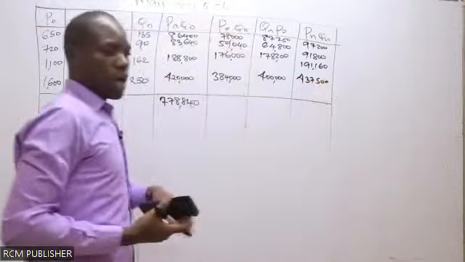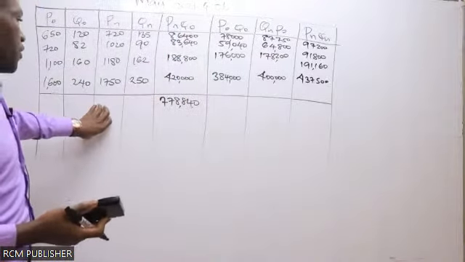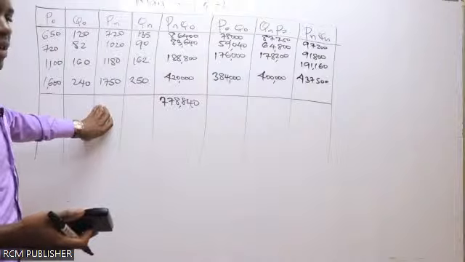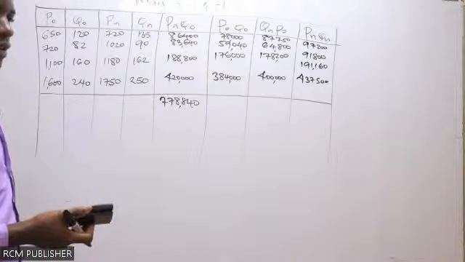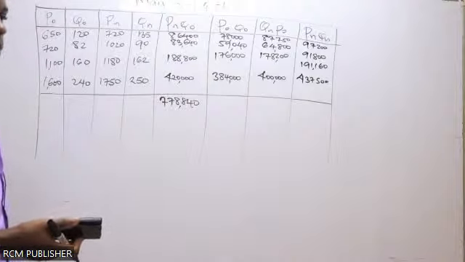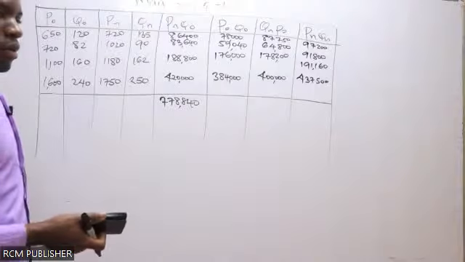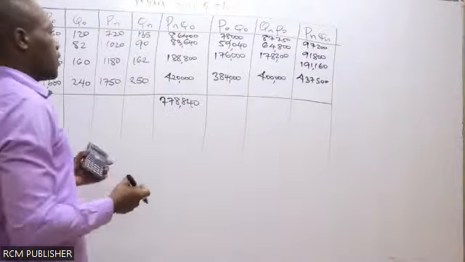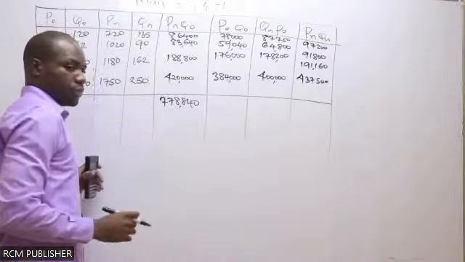So first of all, are you having all these values? Are you having the values that are the same as what I have here? Okay, so you can now give me the totals for this POQO.